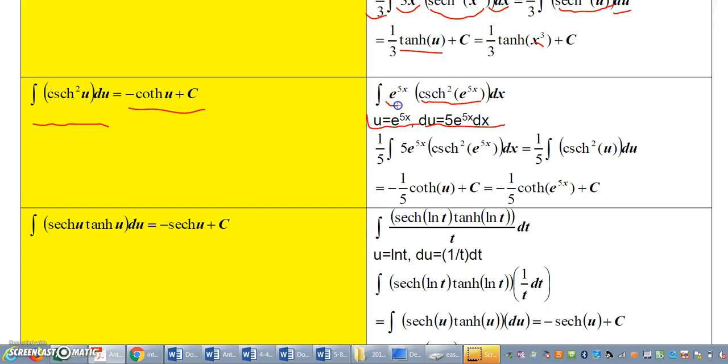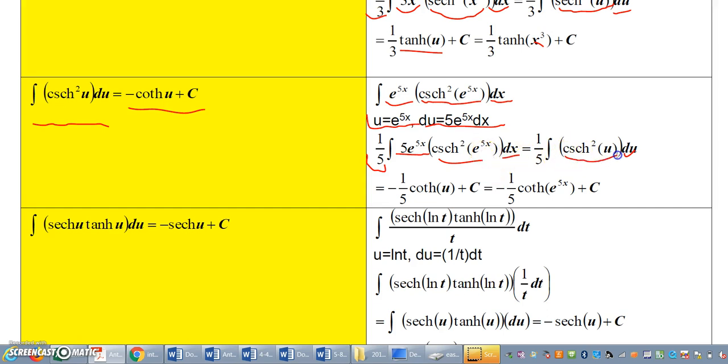Again, I have e to the 5x and the dx, but I don't have the 5. So I can multiply the inside by 5, and then I have 5e to the 5x dx, which forms the du. But if I multiply the inside by 5, I have to multiply the outside by 1/5. So I bring my 1/5 over, the 5e to the 5x dx is the du, and this part right here is just the hyperbolic cosecant squared of u.